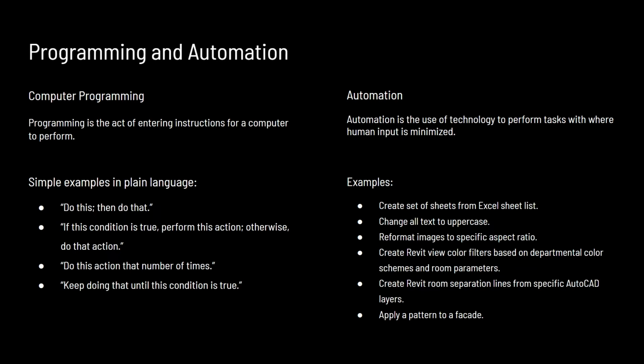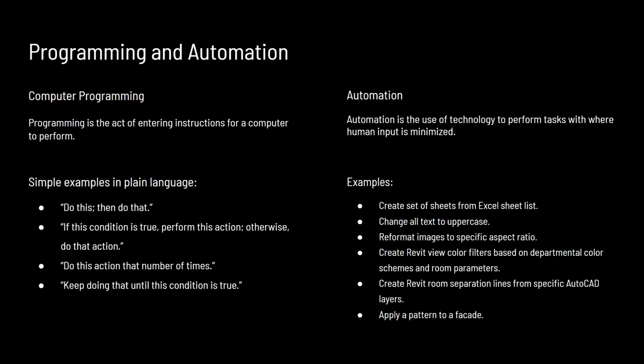Automation is just the use of technology to perform tasks where human input is minimized. Some examples of how I've used automation to improve our practice are creating sets of sheets from an Excel sheet list instead of having to manually create them one by one. If we find out that our intern has not done all uppercase on our text notes, we can very quickly put together a script that makes everything uppercase instead of having to retype everything.